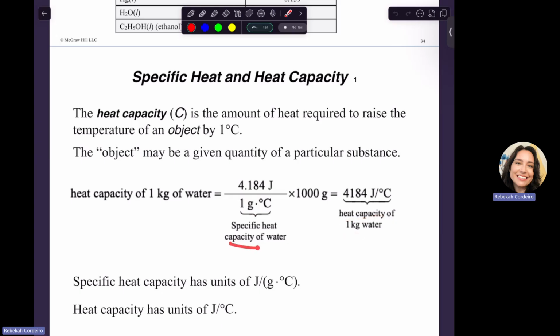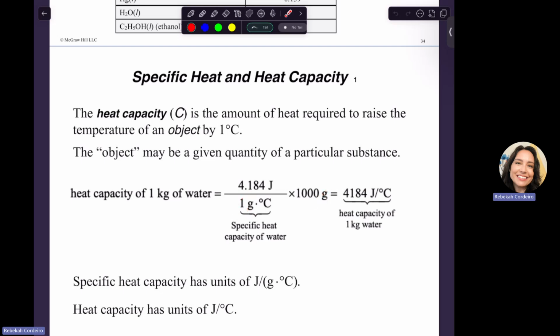And so if we wanted to go from specific heat to heat capacity, we have to know how much we're talking about, cancel out those grams, and get our amount of energy in joules per degree C. You could turn specific heat into heat capacity simply by looking at the difference in your units. What is the difference in my units? One has grams, one doesn't. How do I get rid of grams? Cancel them out.